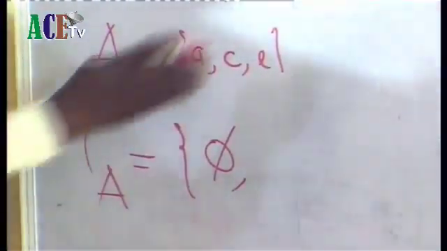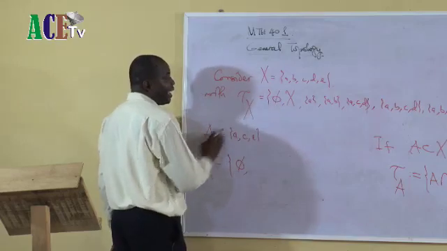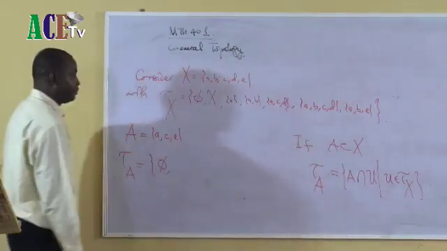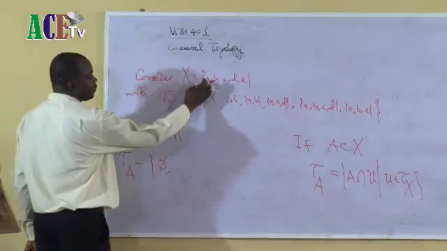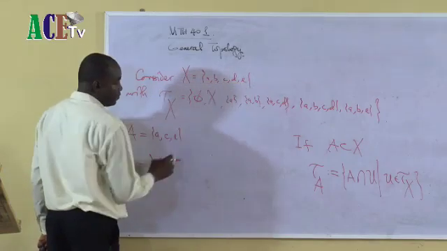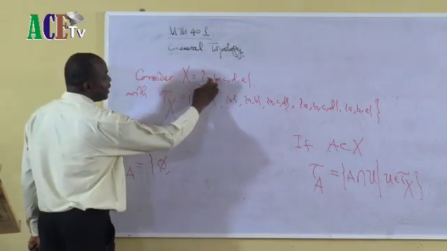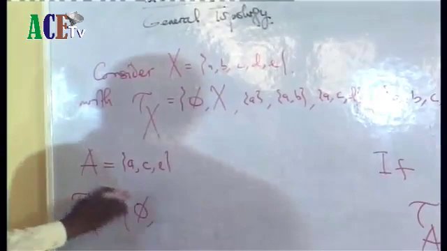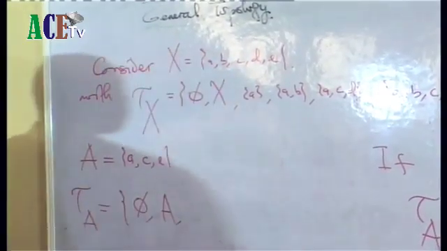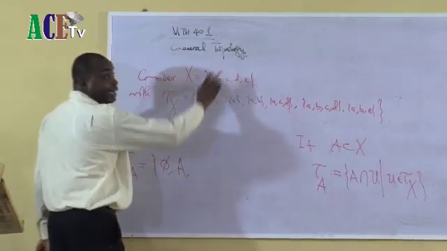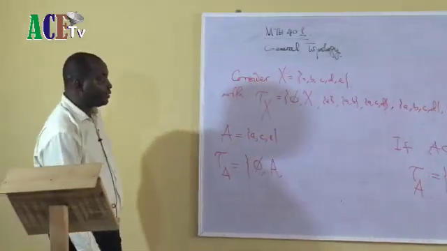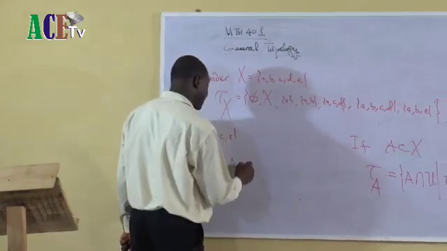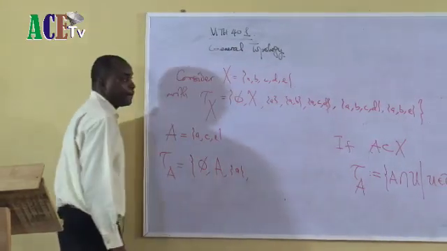Now, secondly, what is the intersection between A and X? Of course, we know that A is a subset of X. ACE is a subset of A, B, C, D, E, because you can find ACE here. So the intersection between X and A is A itself, because the whole of A is in X. So now the next thing we consider is the intersection between ACE and A. We simply have A there.